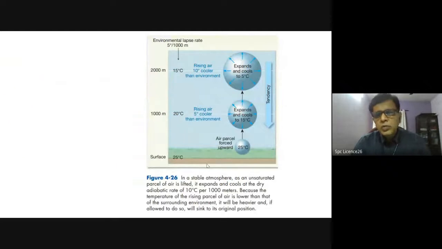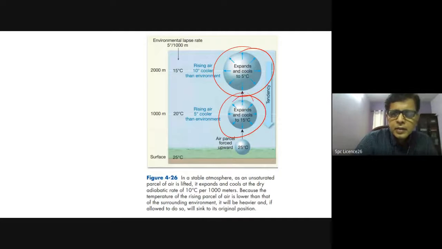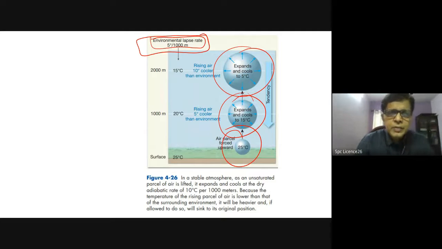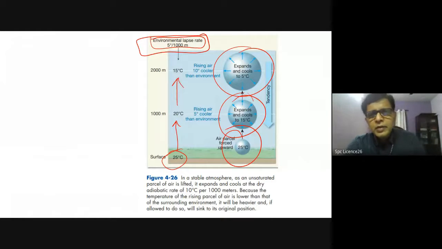I told you that the air which is going to surround these particles will cool at what is called an environmental lapse rate. Here you'll see that the environmental lapse rate is 5 degrees. So the surface temperature is 25. It decreases by 5 and decreases by another 5.